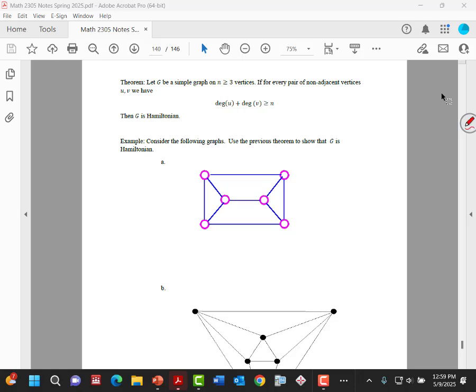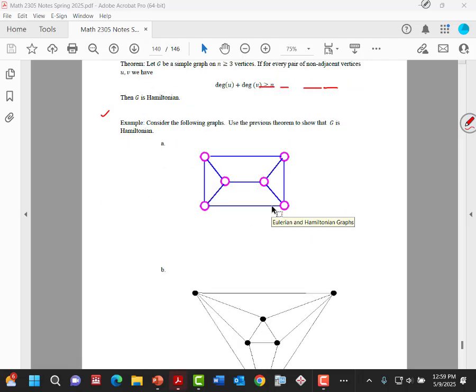If for every pair of non-adjacent vertices u and v, the degree of u plus the degree of v is greater than or equal to n, then G is Hamiltonian. Let's use this theorem to look at one or two of these examples.